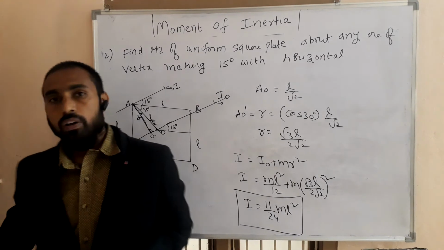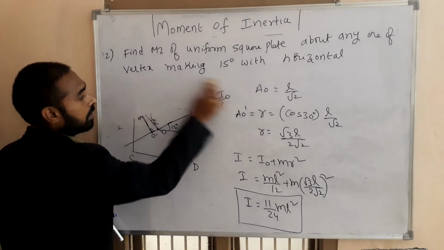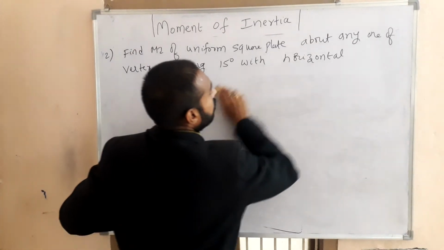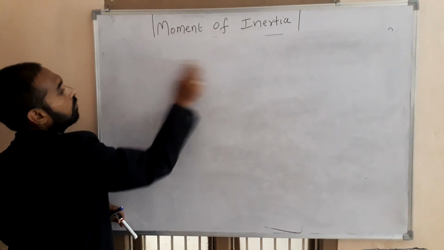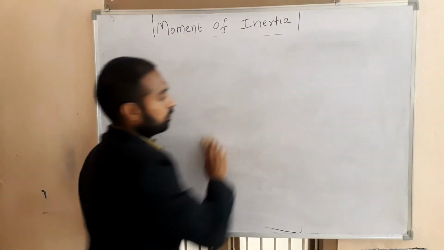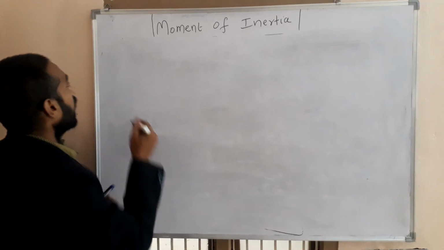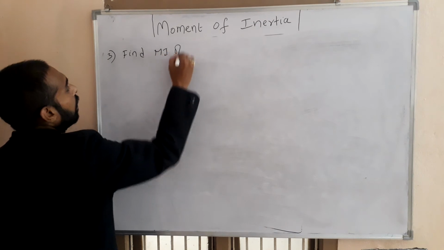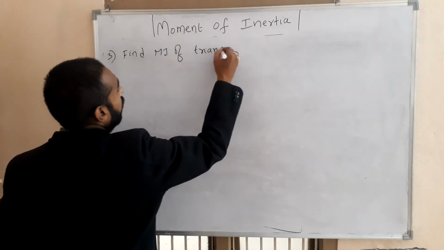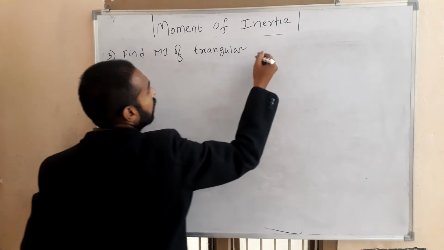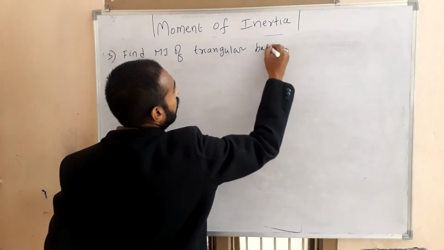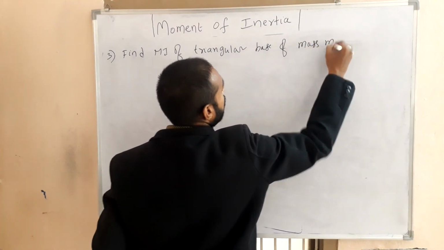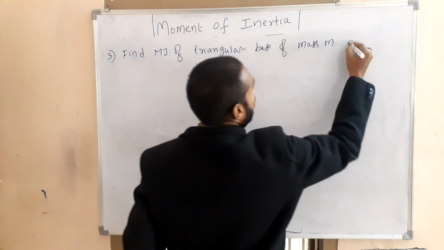Okay. So the next numerical is: find the moment of inertia of a triangular base of mass m about axis AB.